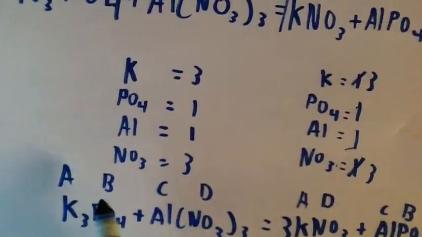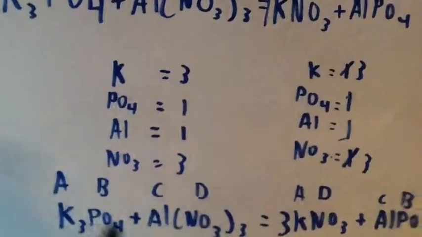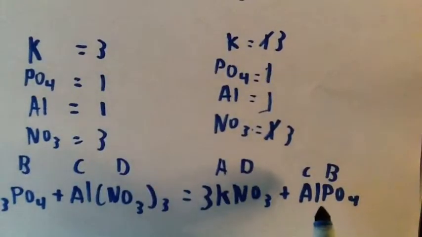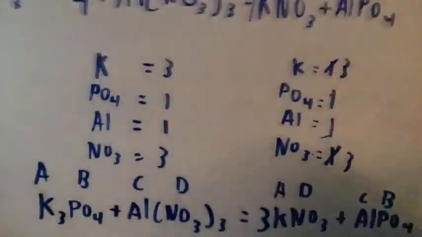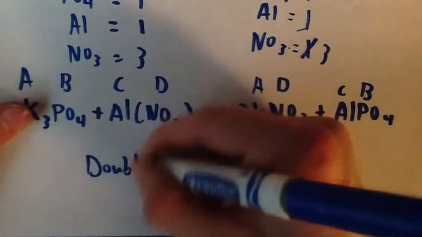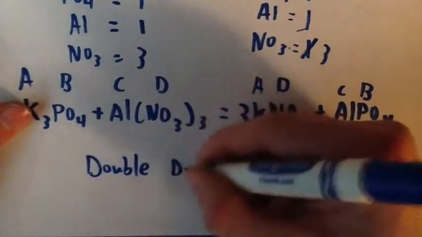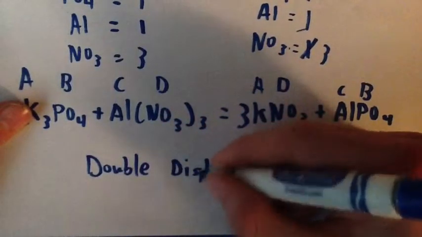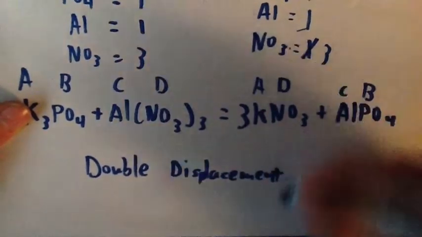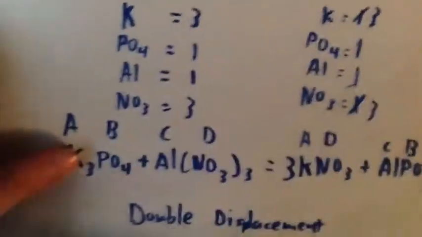So two displacements. We call that type of equation a double displacement. So this equation is a double displacement. Sorry for my handwriting there, but that's what it is.